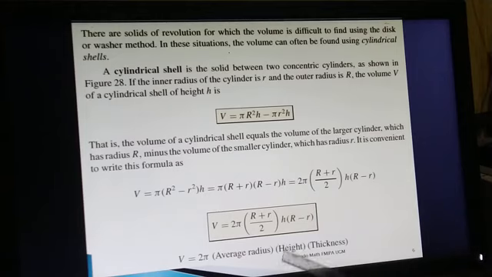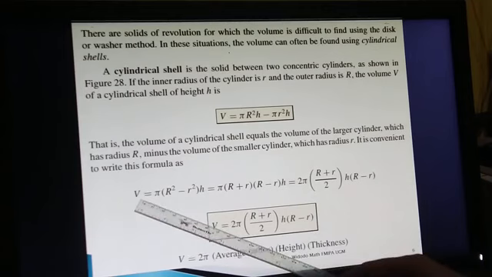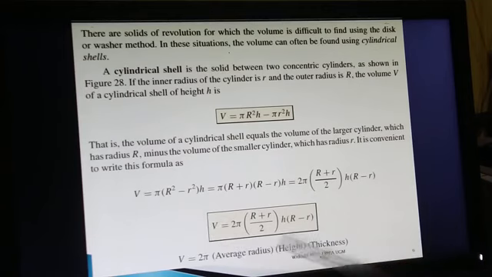By using this expression we can briefly write V equals pi times the average radius times the height h times (R minus r).